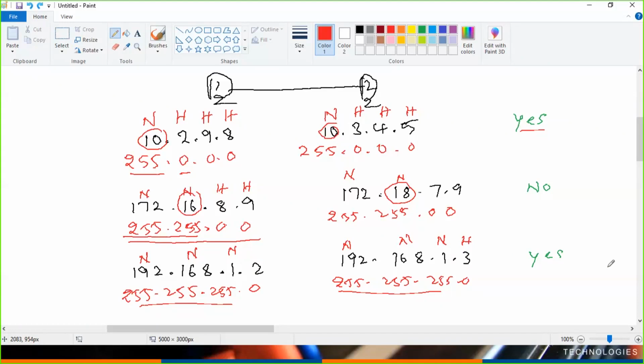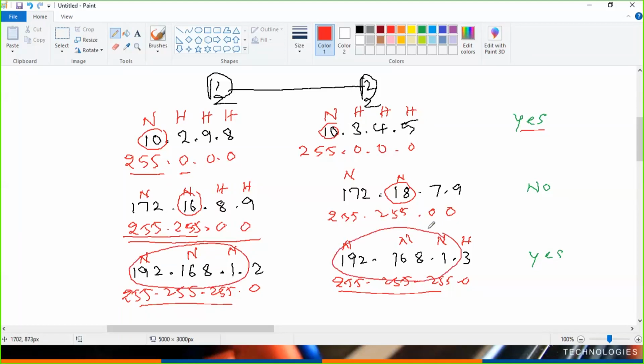Excuse me, sir. Yes, please. Can't class B devices communicate with class C devices? Through a router, they can communicate. Without a router, two class C devices won't communicate with each other, but in this case, yes, they can communicate, because of the same network portion.